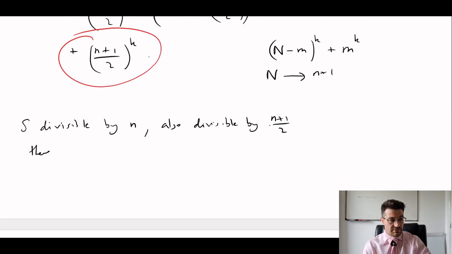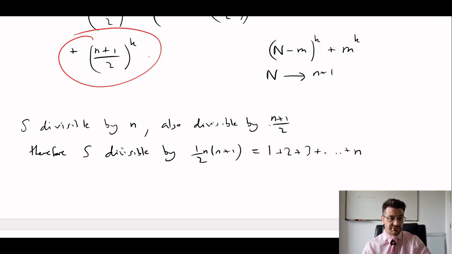Therefore, S is divisible by half n times n plus 1, which is equal to 1 plus 2 plus 3 plus up to n. Okay, that's it, we're done.